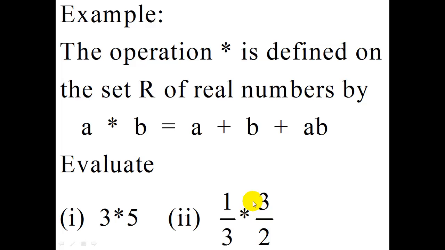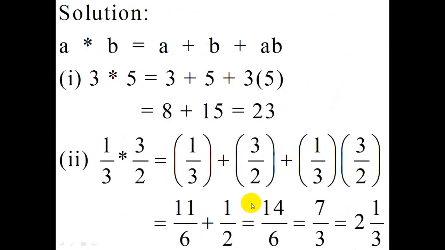Now let's look at how best we can solve this problem. Solution: from the question, the rule has been given. A operated on B is equal to A plus B plus AB. So 3 operated on 5. When we compare 3 operated on 5 to A operated on B, we can see that A equals 3 and B equals 5. This is a matter of substitution.